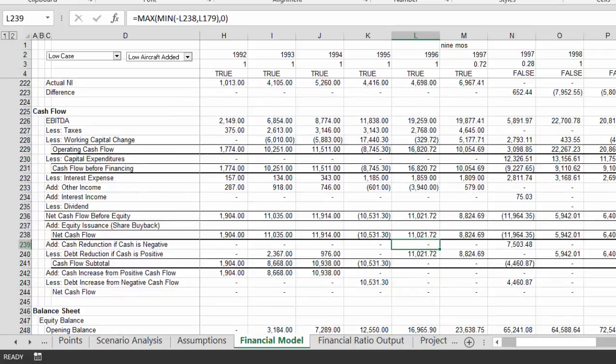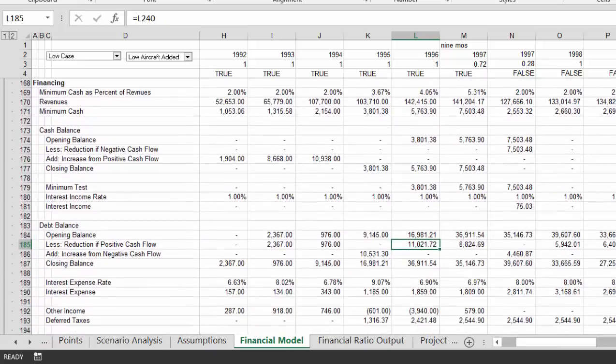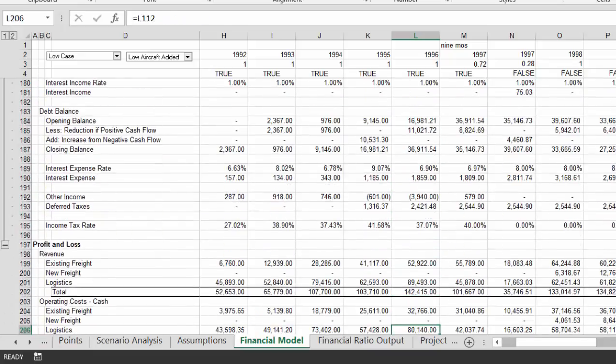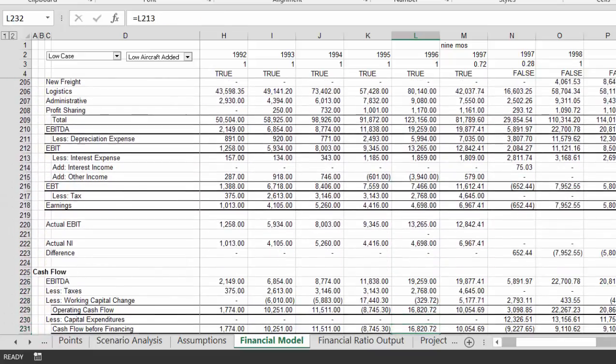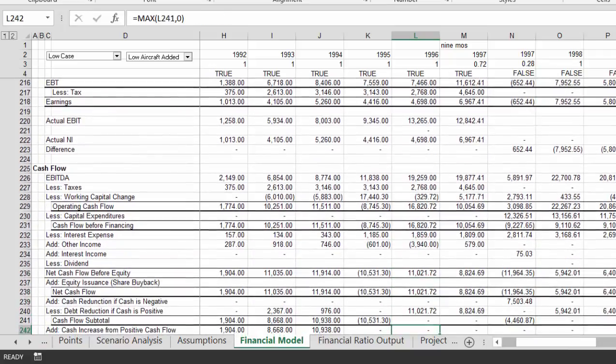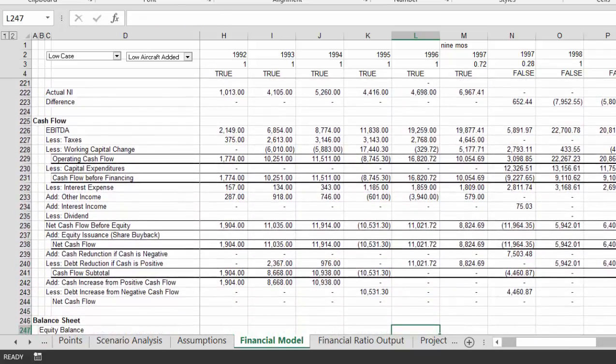But if we use an opening balance on the cash balance and an opening balance on the debt balance, then we're not going to have a big problem at all. If I put a minimum cash balance in, it might get a little more complicated. But for now, I'm not putting a minimum cash balance in. I'm keeping it very simple just so you can see the technique.